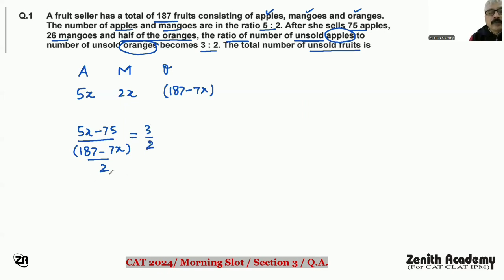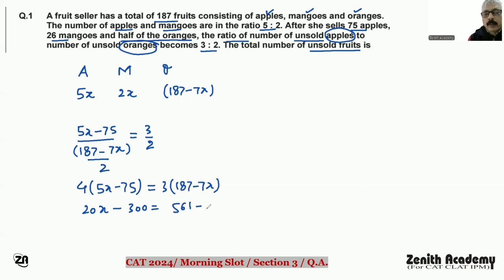So finally it is 2 into (5x minus 75) equals 3 into (187 minus 7x)... this is 20x minus 300 in the form 4 into the bracket. This is 3 sevens are 21, 561 minus 21x. 20x plus 21x, it is 41x, and 300 plus 561, that is 861.